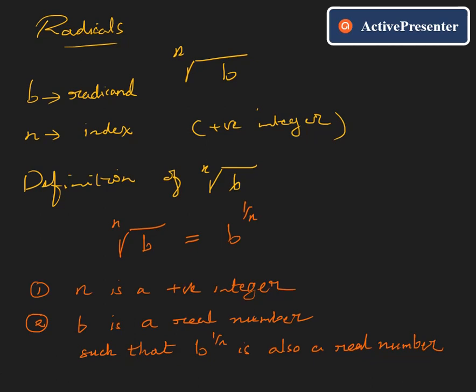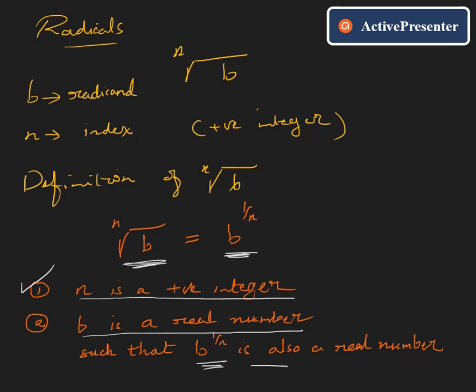Again, the definition of the nth root of b: the nth root of b is equal to b to the power 1 over n, provided that, in the first case, n is a positive integer, and in the second case, b is a real number, where b to the power 1 over n is also a real number.